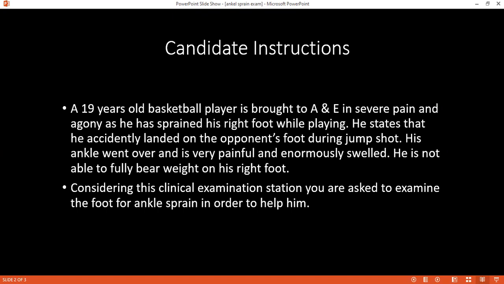Okay, so if you have read and understood, considering it a clinical examination station, kindly begin your examination. Okay.